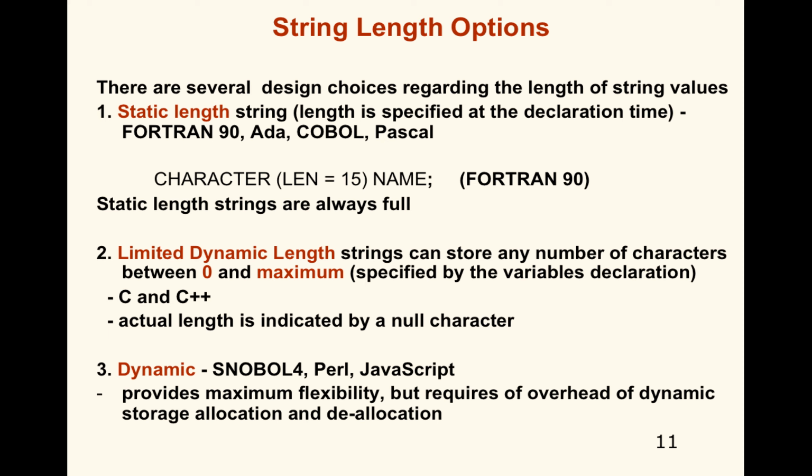Microsoft Visual C++ has a different length than the GNU C++ or GCC, G++ or GCC C. They all have different lengths. They're similar, but they're very different. The actual length is indicated by a null character at the end.